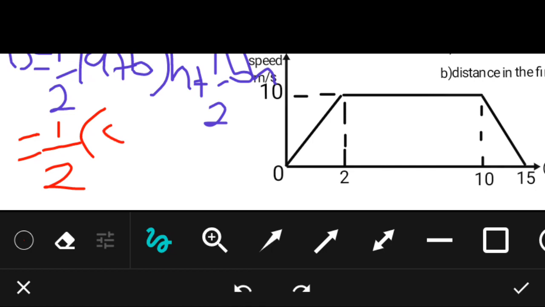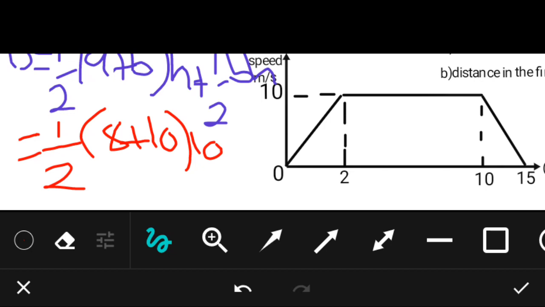So here the area under the graph is 8, then plus the base is the distance from there up to there. So that is 10. Then the height is the distance from there up to there. So that is again 10.